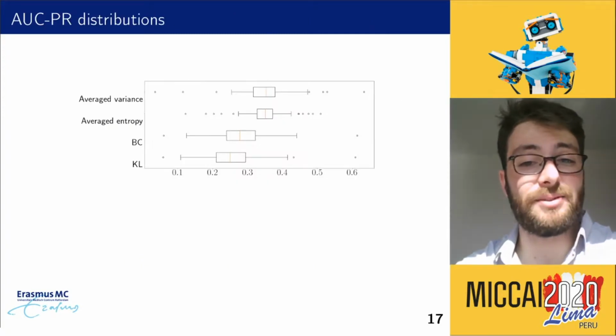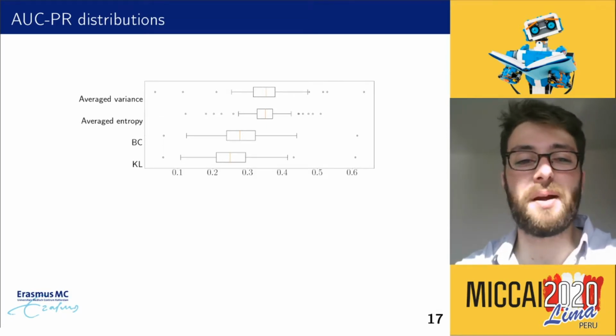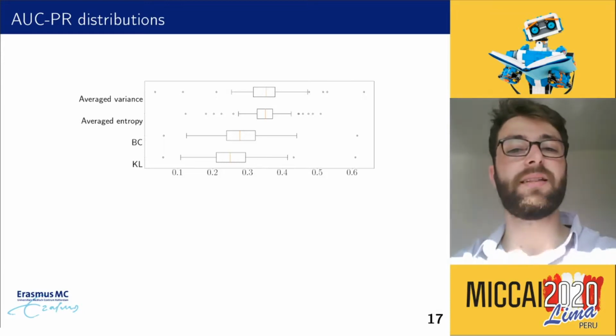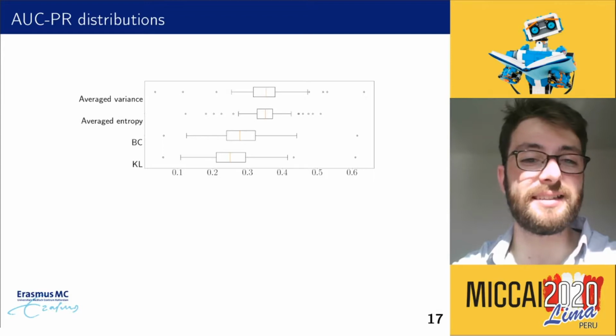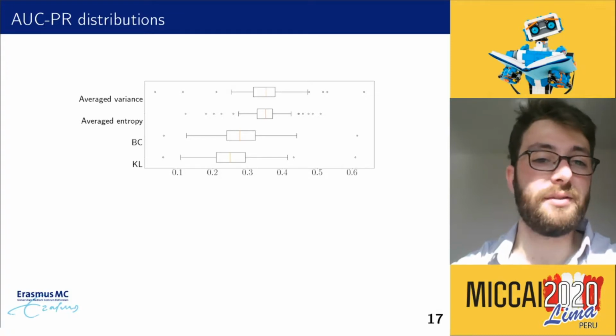Now let's answer the question from the beginning of the talk: which uncertainty map should I use? To do so, I will discuss these figures, which show the distribution over the test set of the area under the precision recall curve for the different uncertainty maps.